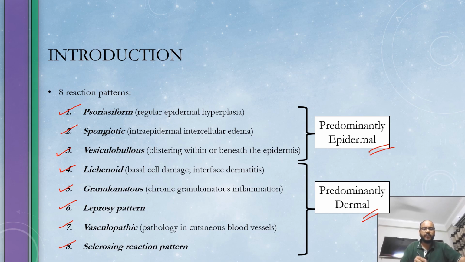And this week, we'll discuss lichenoid tissue reaction pattern. So as per various sources, 6 major reaction patterns are mentioned. You have the psoriasiform, spongiotic, vesiculobullous, lichenoid, granulomatous, and vasculopathic.